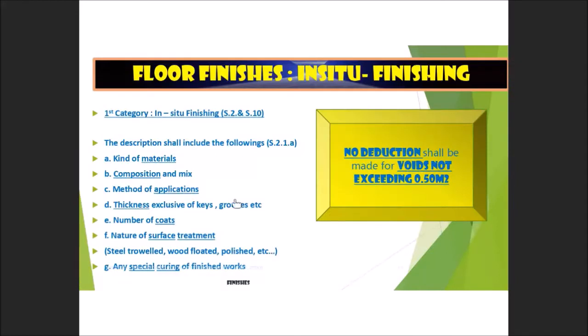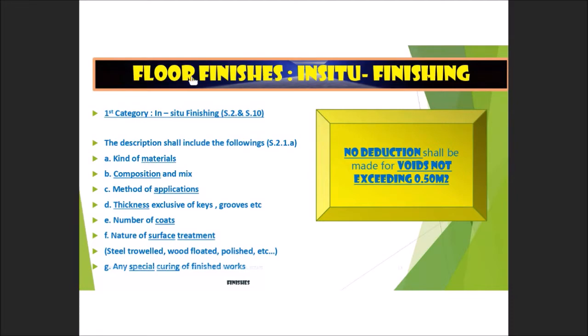What you have to write down is according to S.2.1. And again, when you finish writing according to S.2.1, you also need to refer to S.10, especially if they are bags and backing or discrete that require you to receive different material. So we have the kind of material, maybe cement composition, cement and sand, 1:3.